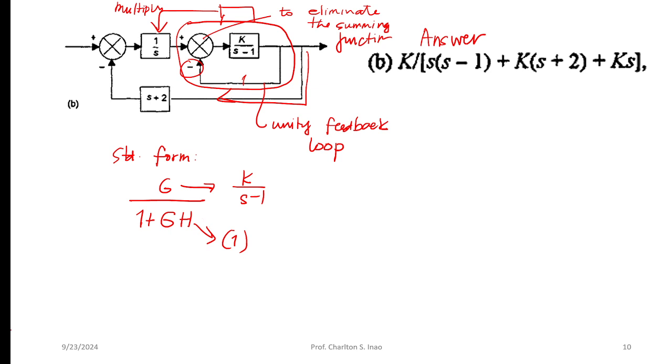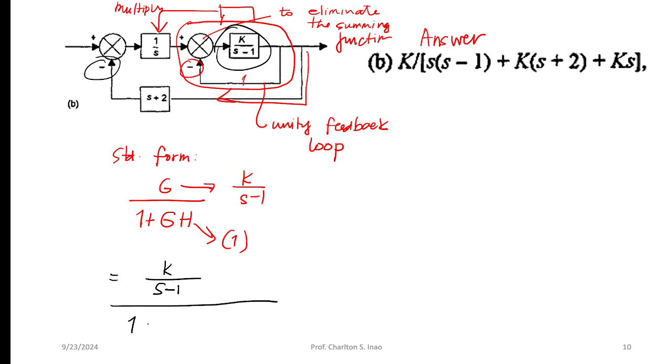So we're going to do that here, at the bottom. So it is K over S minus 1, which is this. Then we put the bar line, or divided by, 1. Then look at the sign.